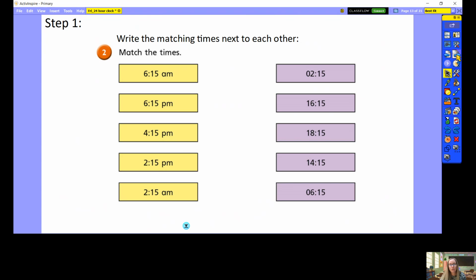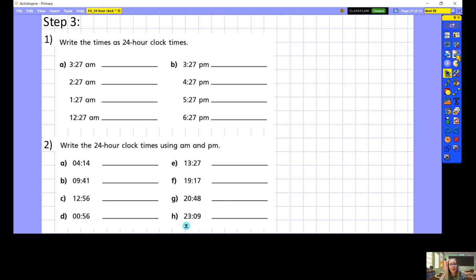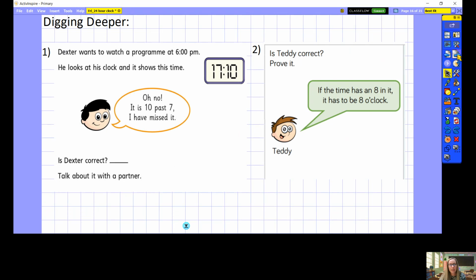Here is step 1, question 2 for you today, matching the times, so writing the times next to each other. Here is step 2 for you today. Here's step 3 for you today. And here is the digging deeper challenge for you today.